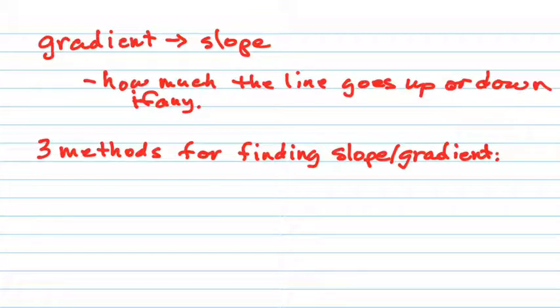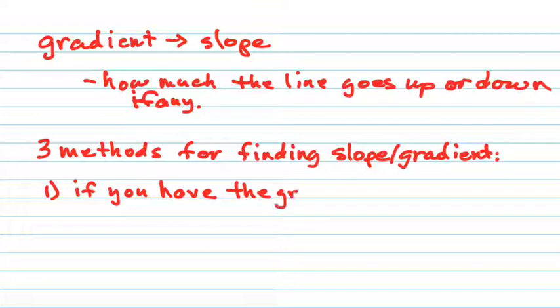So what I'm going to do is, the first part of it I'm going to put is the thing that you're going to see that will tell you how to do it. And then I'll talk to you about how to do it. So, first method. If you have the actual graph, in other words, they give you the picture of the graph so you can physically see the line. Okay?